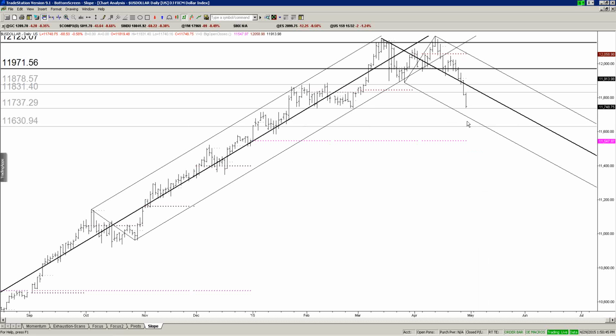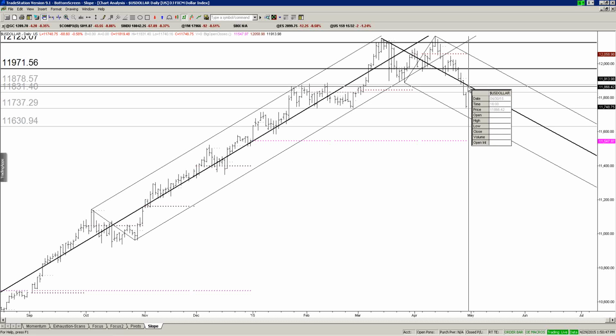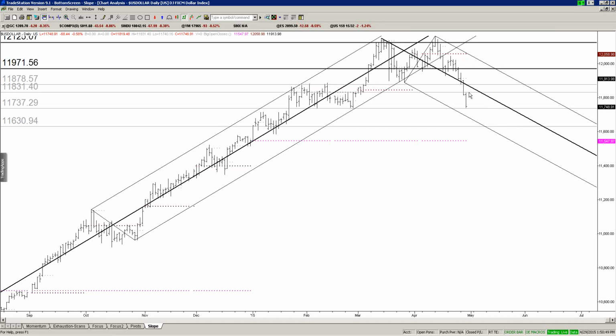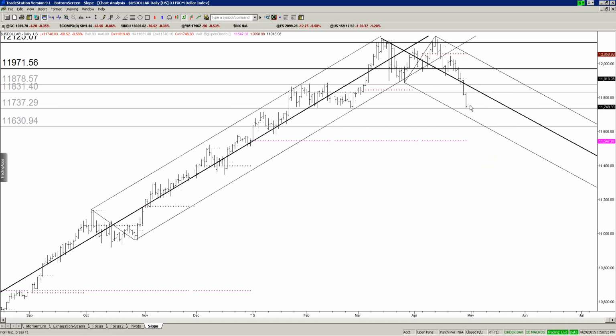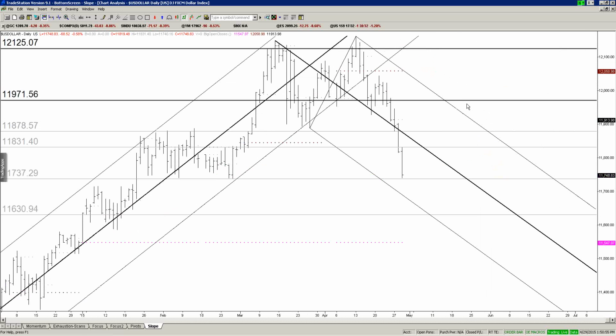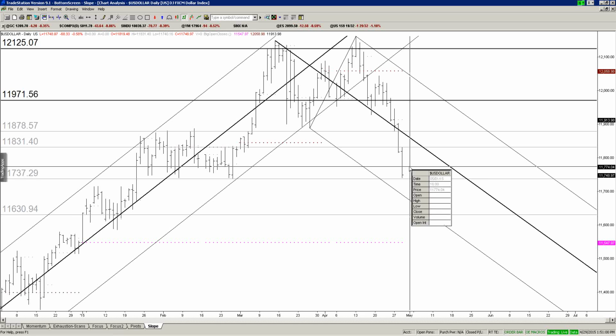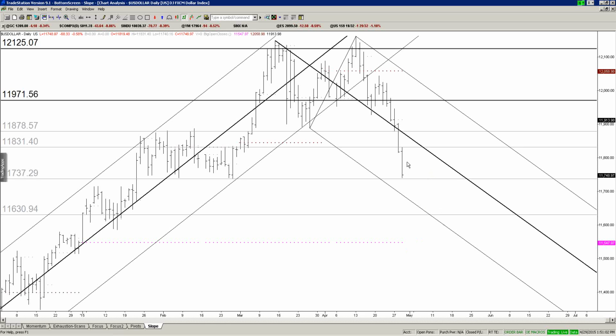If they come out and the dollar rallies off of it, then look for resistance all the way up. A full-on reversal would put resistance all the way up here near 11,875. But either way, whether it happens today or next week, what you want to watch for is resistance from this median line in the U.S. dollar.